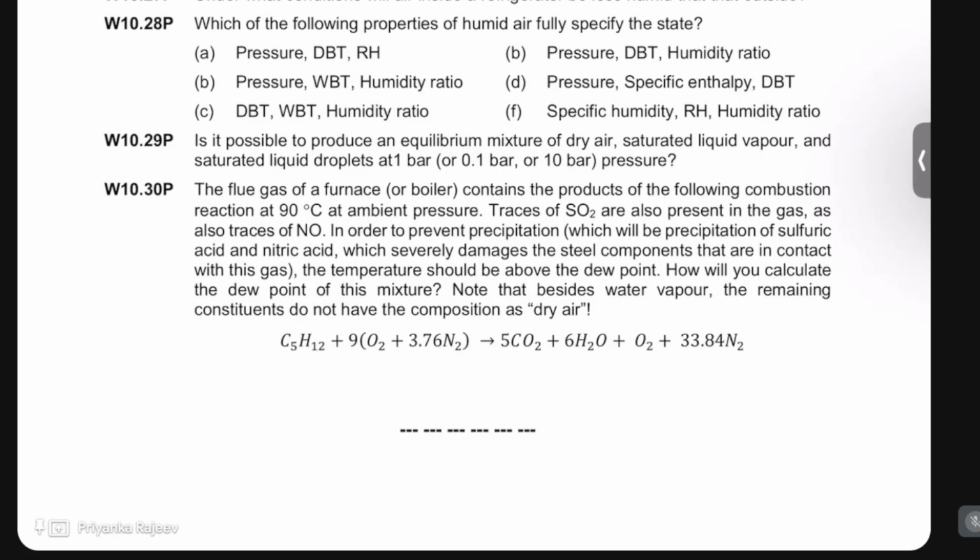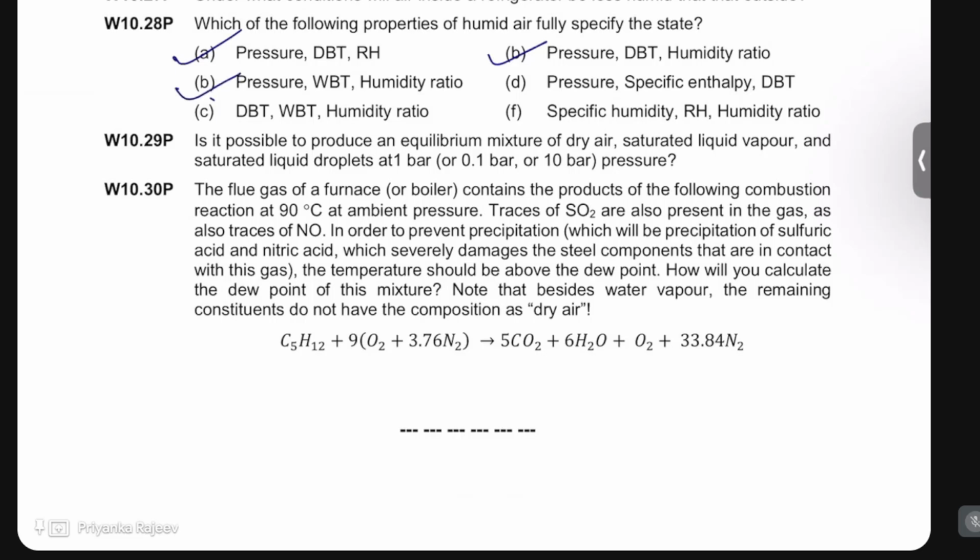Pressure and DBT is temperature, yes, that is a possibility. Second is pressure, WBT, and humidity ratio. Yes, that is also a possibility. Then third is pressure, WBT, and humidity. Yes, that is also a possibility.